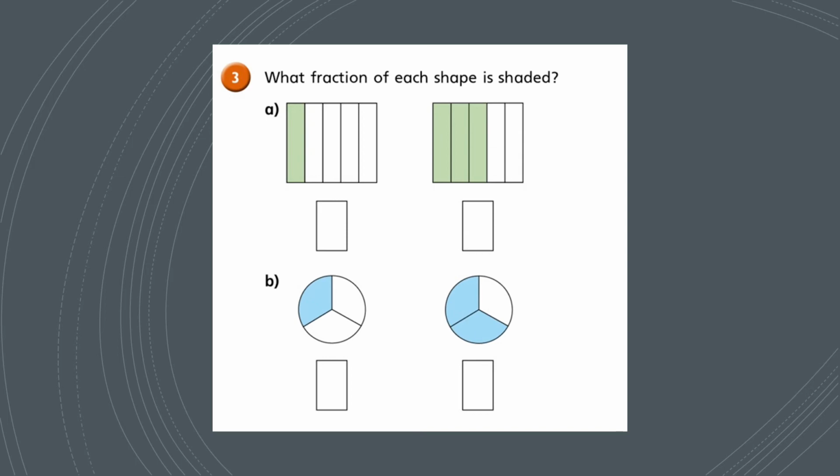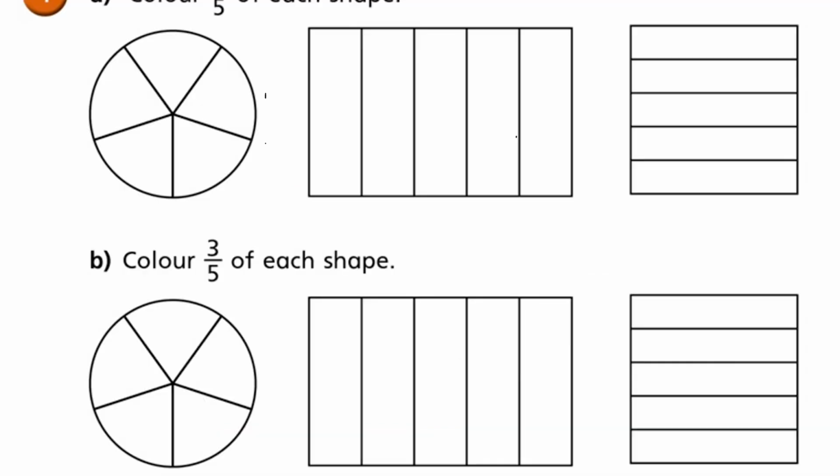How many equal parts here? Yeah, 3. So how many is shaded? 2. So it's 2/3. Now this one is asking you to shade, if you were to have this worksheet, 1/5.